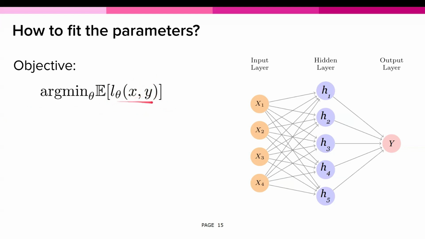So given some training data sets, some examples, we want to find the parameters theta that minimize the expectation of the loss.